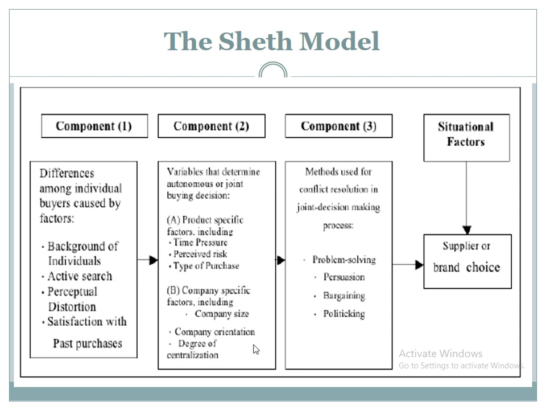The methods used for conflict resolution in the joint decision-making process are indicated by component 3 in the model. The problem solving and persuasion methods are used when there is an agreement about the organizational objectives. If there is no such agreement, bargaining takes place. Conflict about the style of decision making is resolved by politicking.